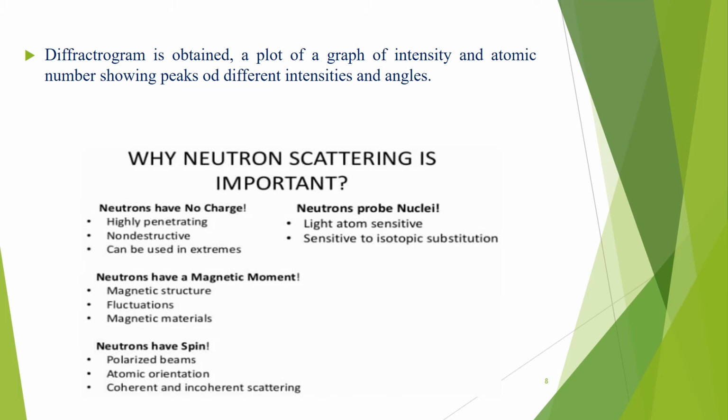Neutrons probe nuclei. It is sensitive to light atoms, it is also sensitive to lighter atoms like hydrogen, and it is also sensitive to isotopic substitutions. That's why neutron scattering is important.